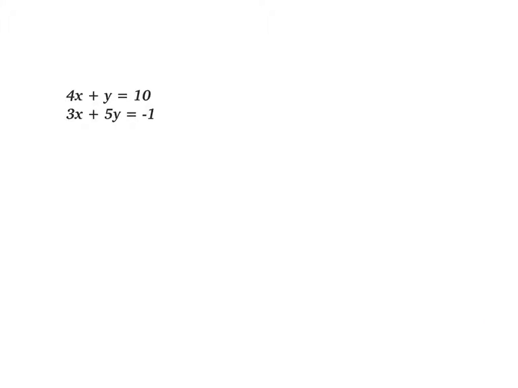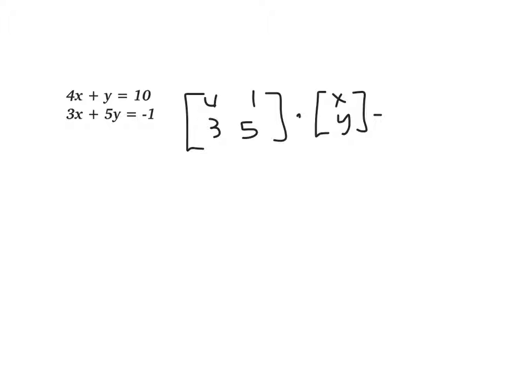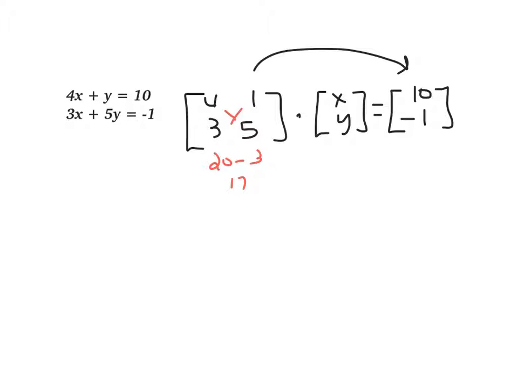All right, once again, set up your matrix equation: put your coefficients in one, your variables in one, and your constants in the last one. Now, again, I've got to move that matrix over, so I'm going to move the inverse of it over. Multiply this way, multiply that way, subtract, that's 17.